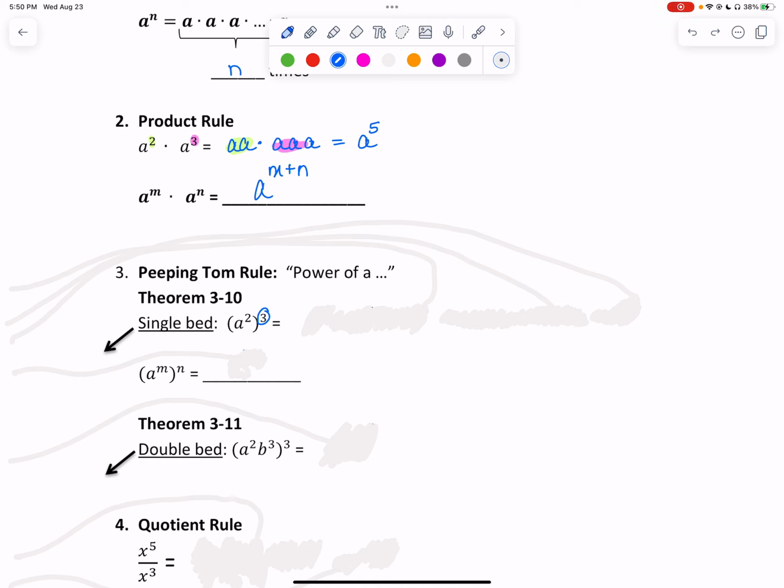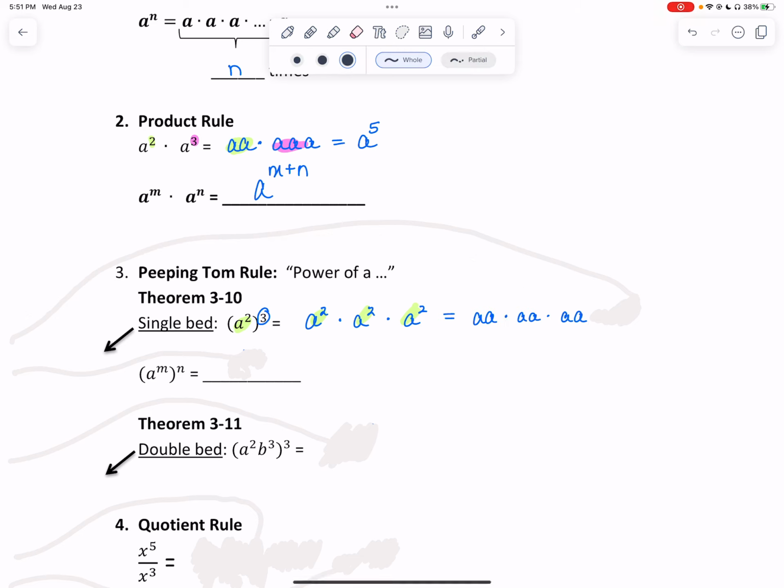So whenever you have a peep and Tom, that means I'm going to have 3 of these guys right there, right? I'm going to have 3 of them. So there they are. There's 1, 2, 3. So now let's count them. 2, 4, 6. So I'm going to have a to the 6th. All right. So I have a 2 and a 3.